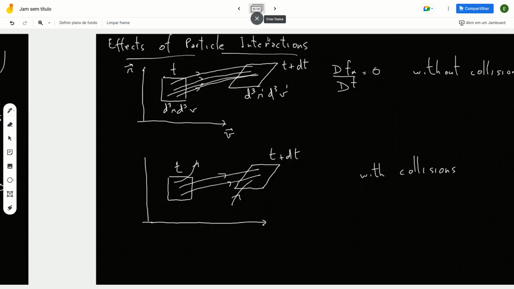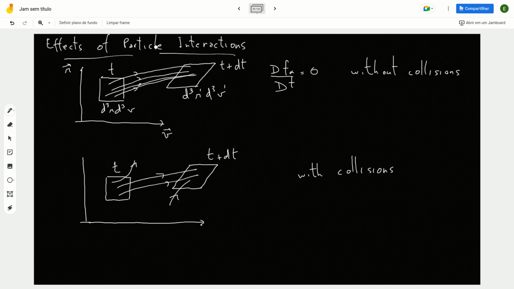Now let's try something different. Let's try to see the effects of particle interactions. Let's suppose that there are collisions in your plasma. If you have a phase space of V and R, this is actually a six-dimensional space, but I cannot draw a six-dimensional space, so I'm just drawing it in 2D. But suppose you have a box in this six-dimensional space with a group of particles at time t. Then you follow those particles, and there are no collisions in this system.